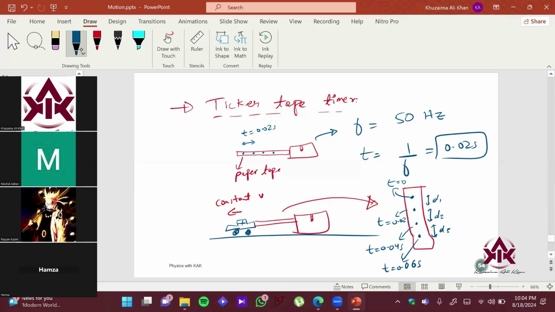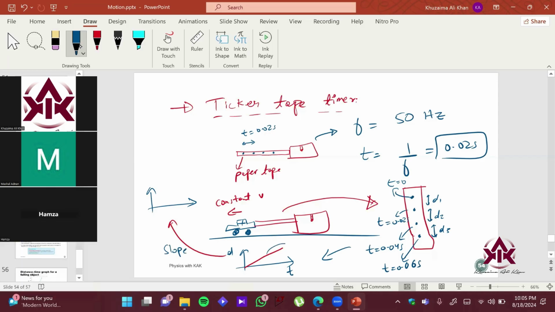So what you can do is plot this graph. If you plot a distance-time graph, the distance between the dots is going to be the following, right? This is time, this is distance. You will get this graph. If you want to sketch the speed-time graph from it, you have to find the gradient, right? You want to find the slope.